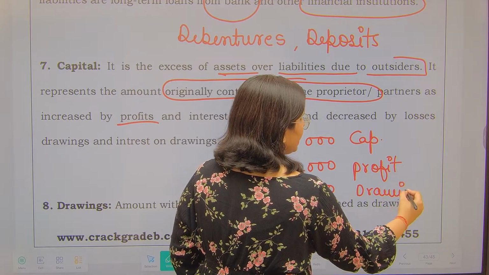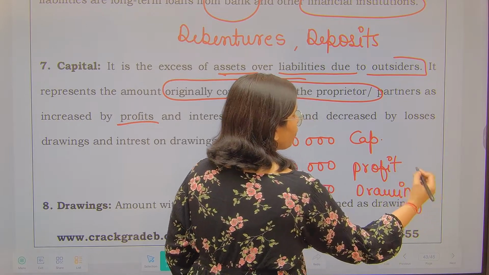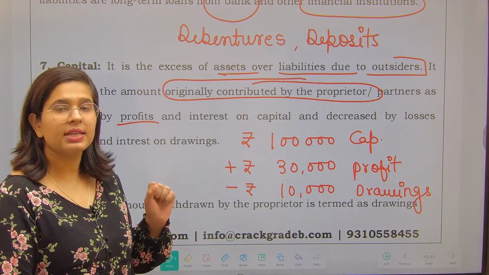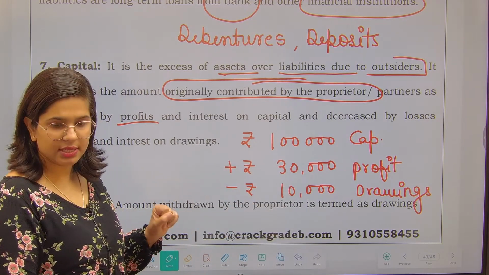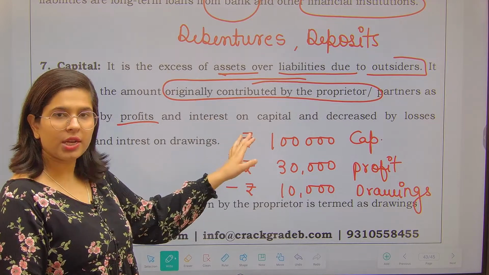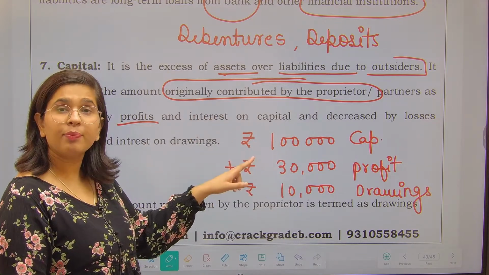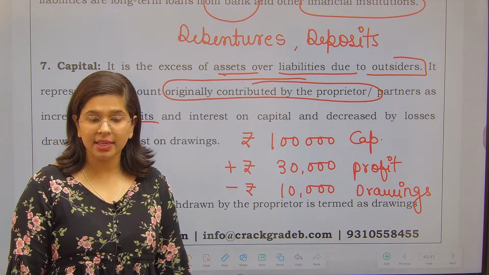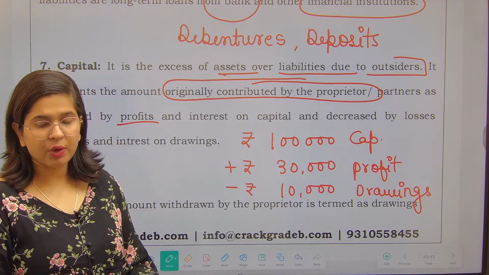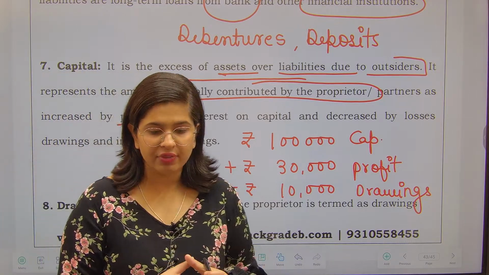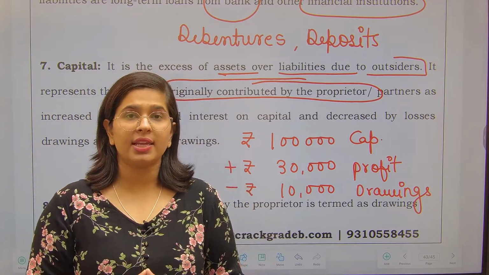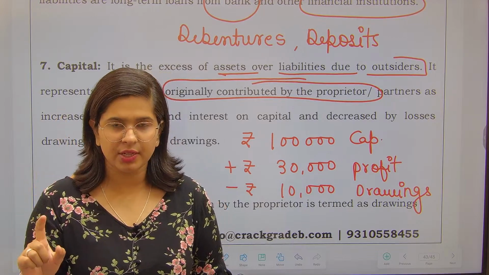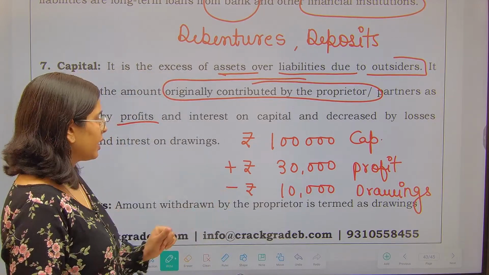Drawings means any amount that you have withdrawn from your business for your personal individual expenses. ठीक है? So capital originally brought will be increased by the profit you have earned during the year, and it will be decreased by the drawings. अगर आपने साल में कुछ भी पैसे निकाले हैं, if you have taken out any amount of money for personal use, not business use, personal use, ठीक है? So you have to deduct it.